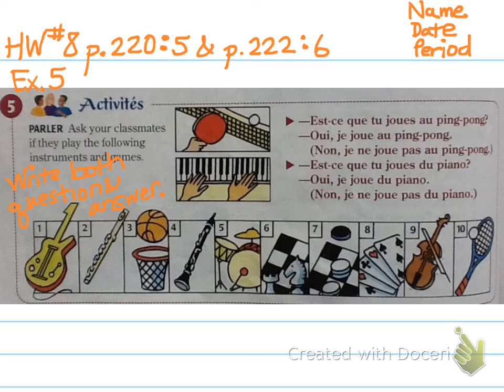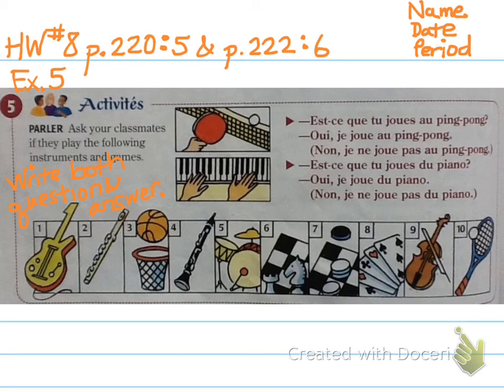So your homework is on page 220, exercise 5, and page 222, exercise 6. Page 220, exercise 5, we did that exercise out loud yesterday in class. We have activité. Ask your classmates if they play the following instruments and games. I do want you to write out both the question and then the answer.